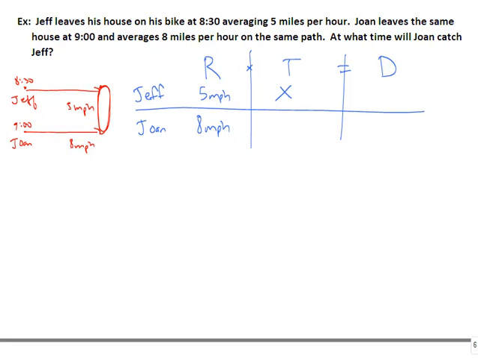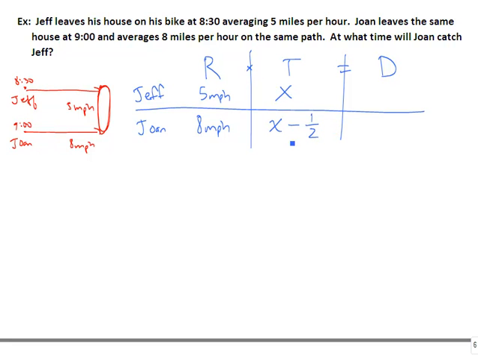Okay? Now Joan, she left a half hour later. So if Jeff has been biking for X hours, how many hours has Joan been biking if she left a half hour later? Well, she's going to be biking for the same amount of time as Jeff, minus that half hour time difference. Okay, so I'm using X minus a half.